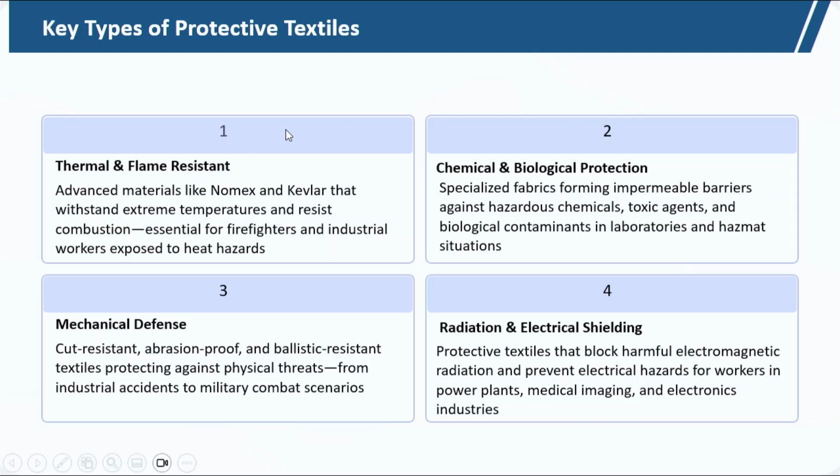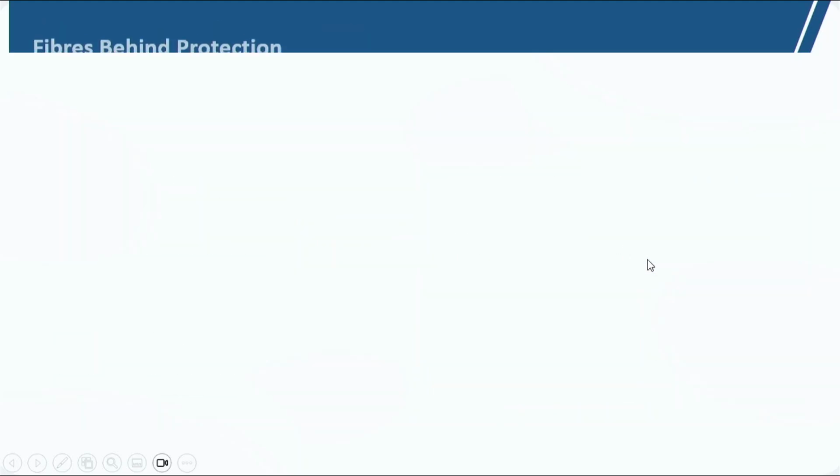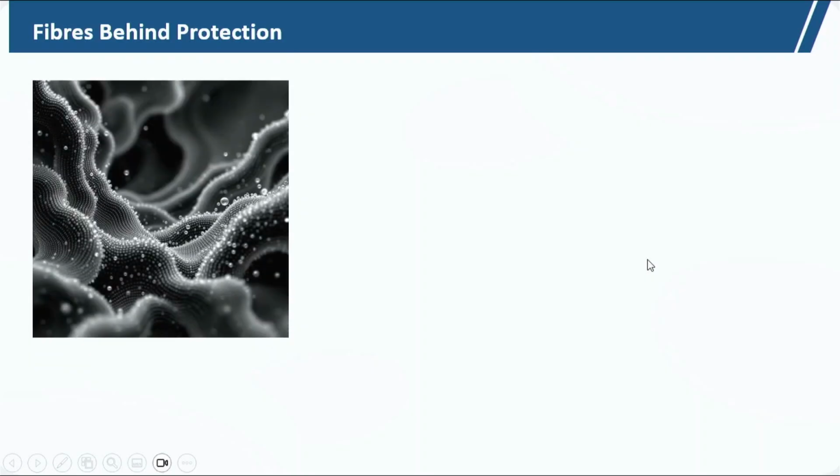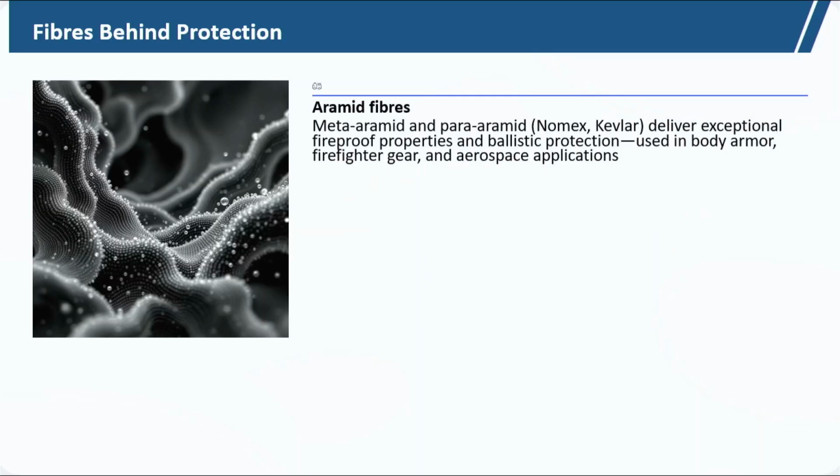These are the broad areas, but apart from this there are many other areas like noise protection and air pollution protection. Now, what are the different fibers that are majorly used? One is aramid fiber.